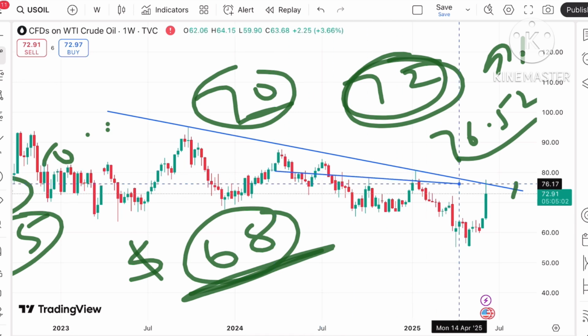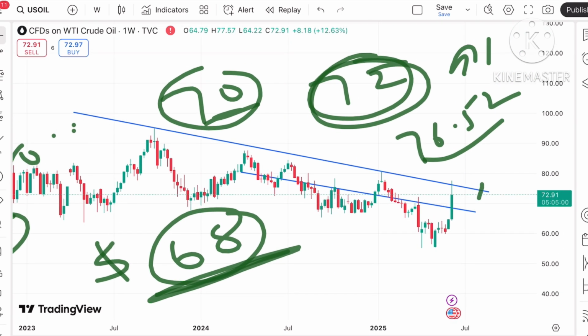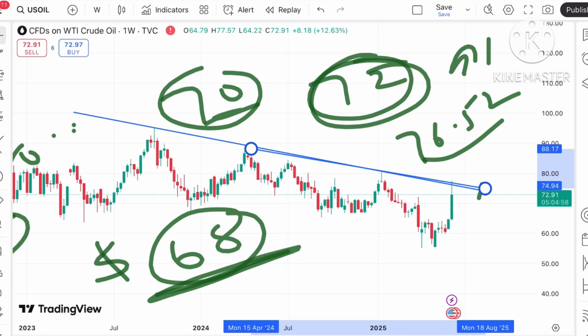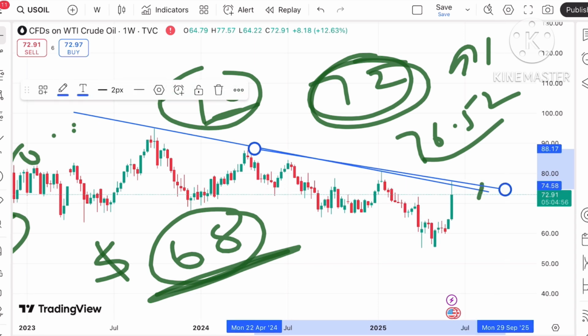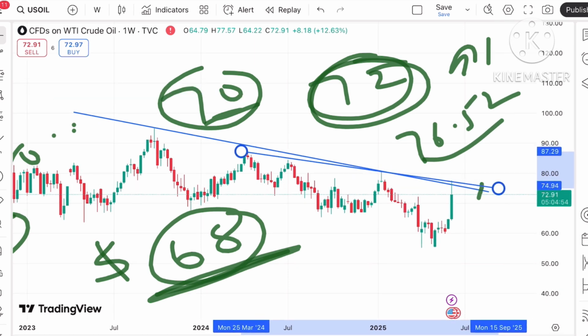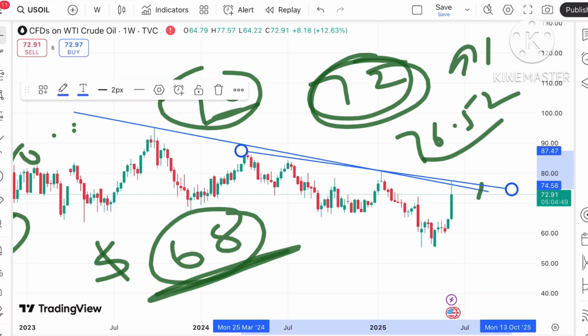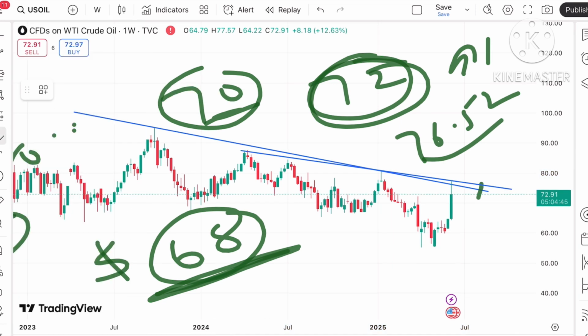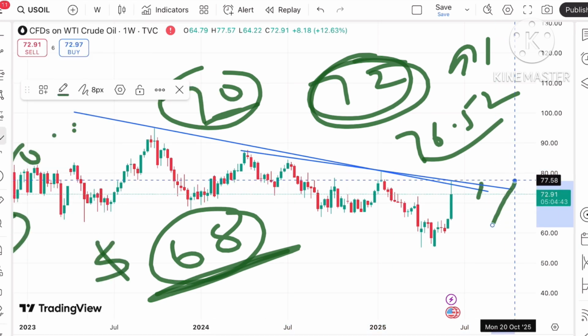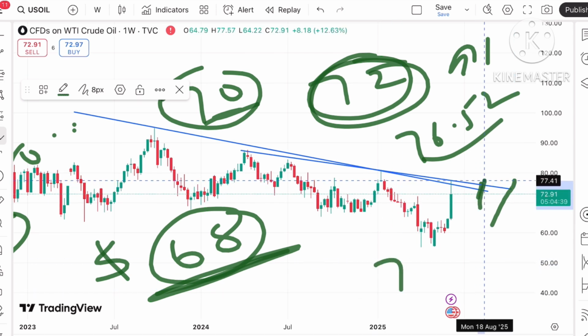Second, if you make another trend line from this particular level to this particular level, and this trend line breaks upside, that means today's high or the week's high, if it starts going above a level of $74.5, there can be a further upside. If it starts sustaining above 77.5, we can see a further rise.